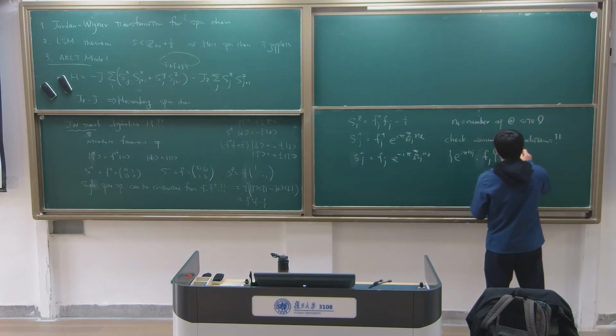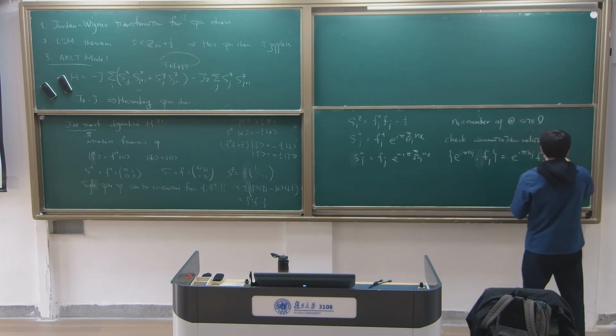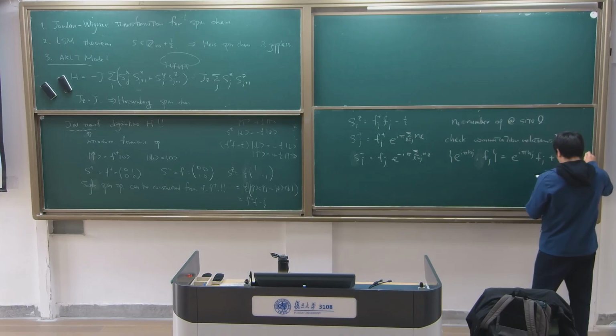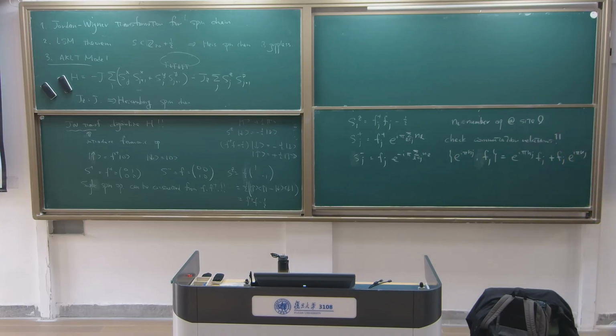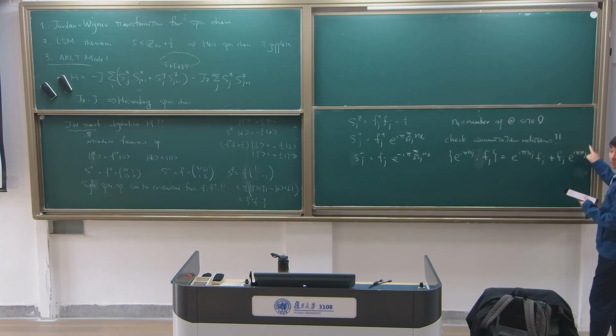Okay. So if you consider that, if Nj is equal to 1, okay, so this term, Nj equal to 1, this term is minus 1, right?